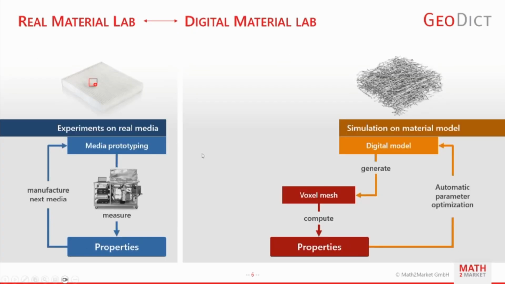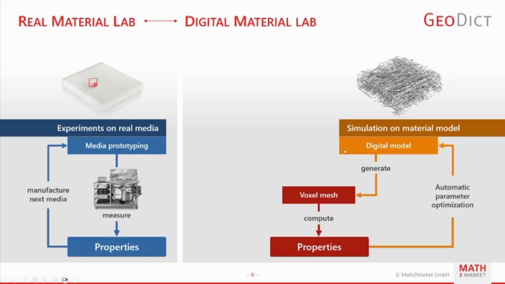So how can you go from a real material lab to a digital material lab? In the lab, you have to produce a prototype of the media first. And then you measure its properties to assess its usability for a certain function. Any material that you test has to be produced first, which is quite a lot of effort.